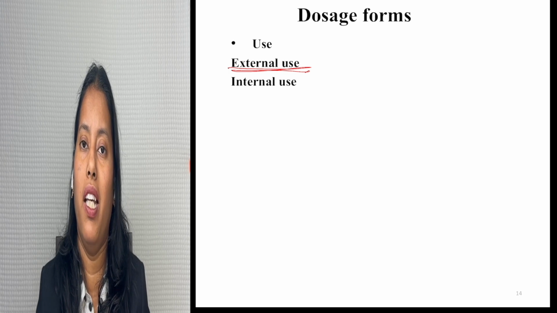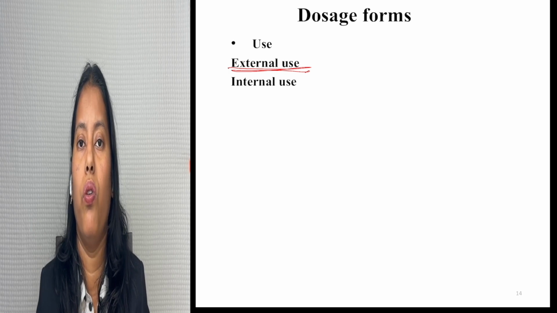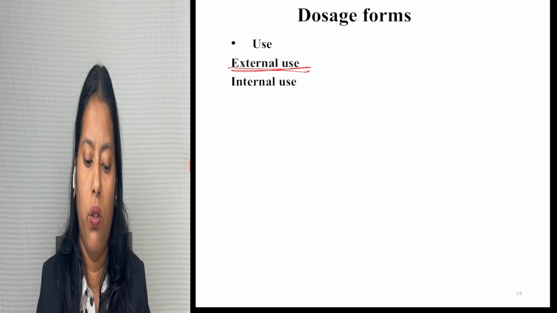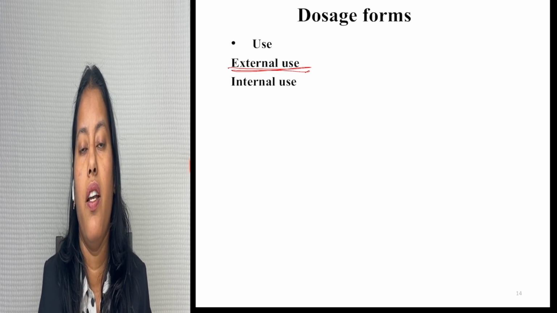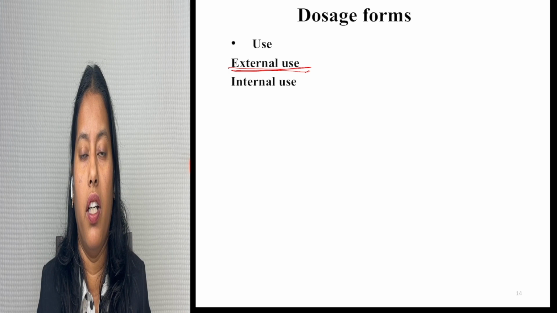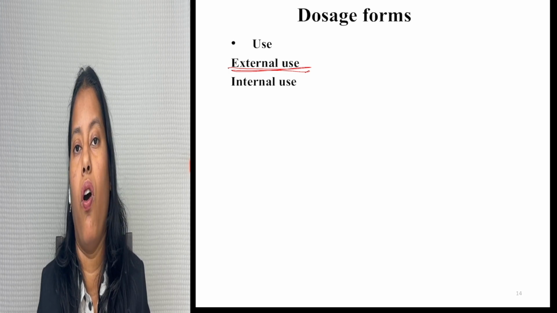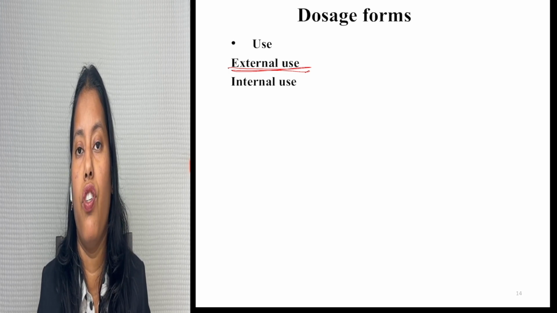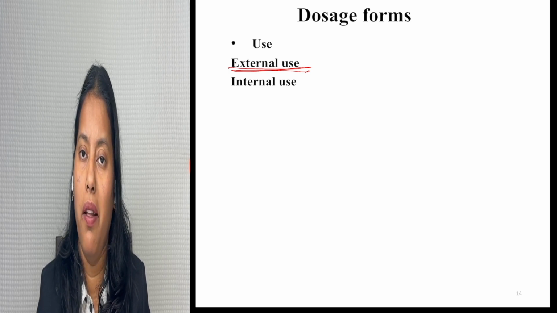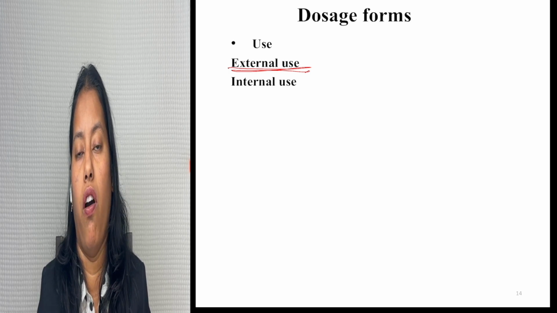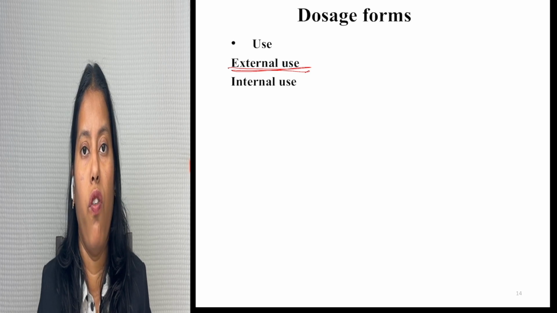You do not put the medication into the mouth, it does not go to the inside of your body. So those are the external use formulations. So these eye drops, ear drops, and the ointments and lotions which you use for topical purposes to apply onto the skin are examples of external use formulations.